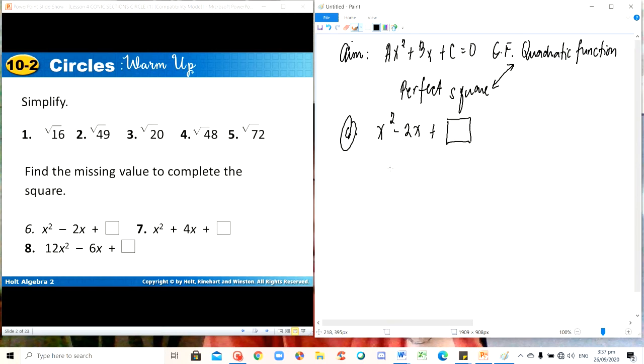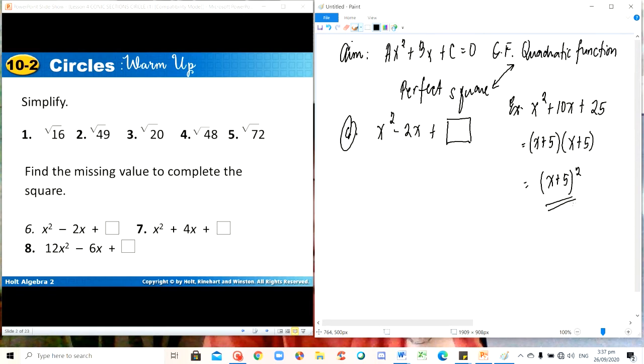Let me first give you an example of a perfect square. Let's say you have x squared plus 10x plus 25. This is a quadratic function which, when you factor it, you get x plus 5 and another x plus 5, or you can just write it in factored form as x plus 5 squared.